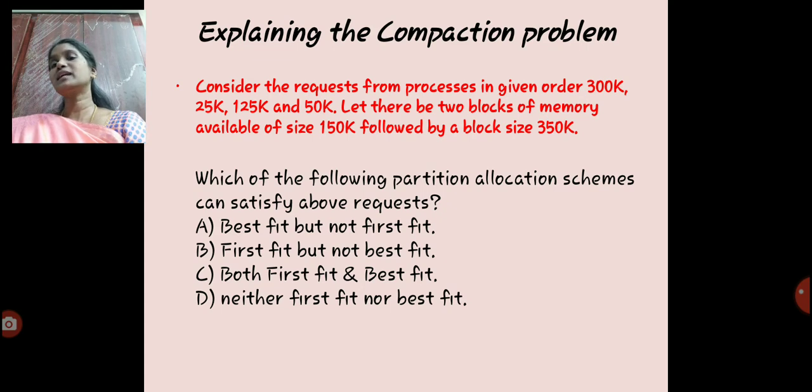In partition allocation also, there is a problem called compaction problem. For example, if a job of 50k is there and the memory partition is 75 kb, the 25k will be wasted. And if the next partition is of 50k, and I have a job of 25k, I'll accommodate it there, and the remaining 25k will be a waste.